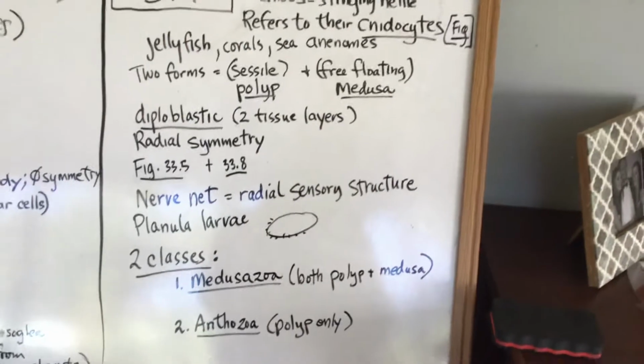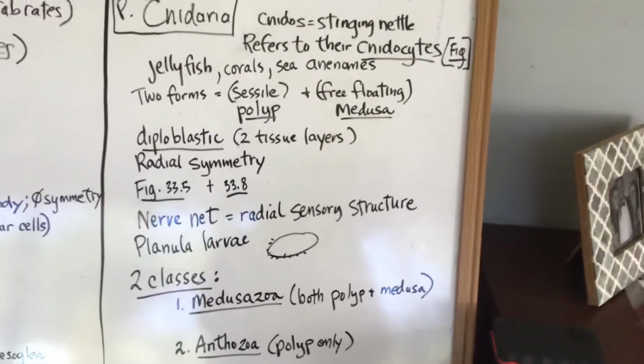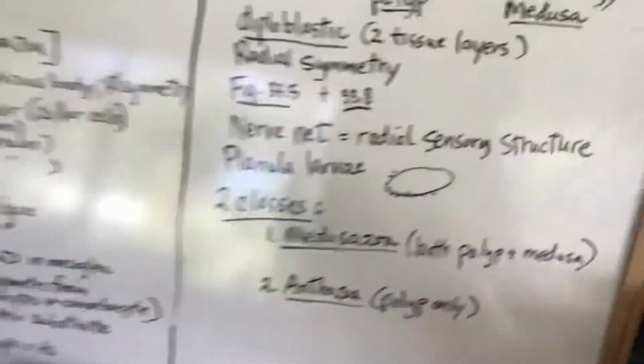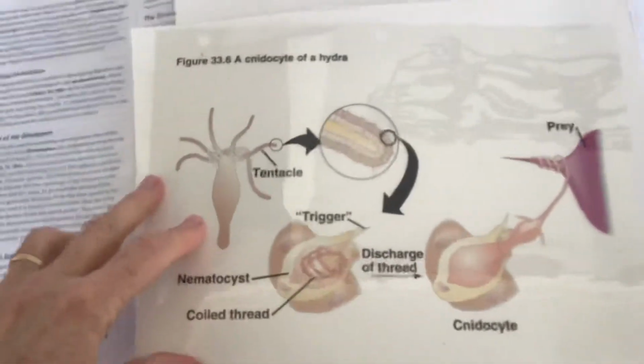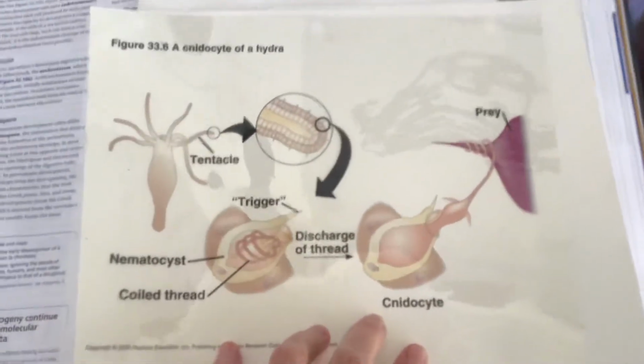All right? So these organisms are diploblastic, meaning they have two cell layers, and they have radial symmetry like I mentioned before. All right, so first of all, let's look at this cnidocyte type of cell that exists on these organisms.